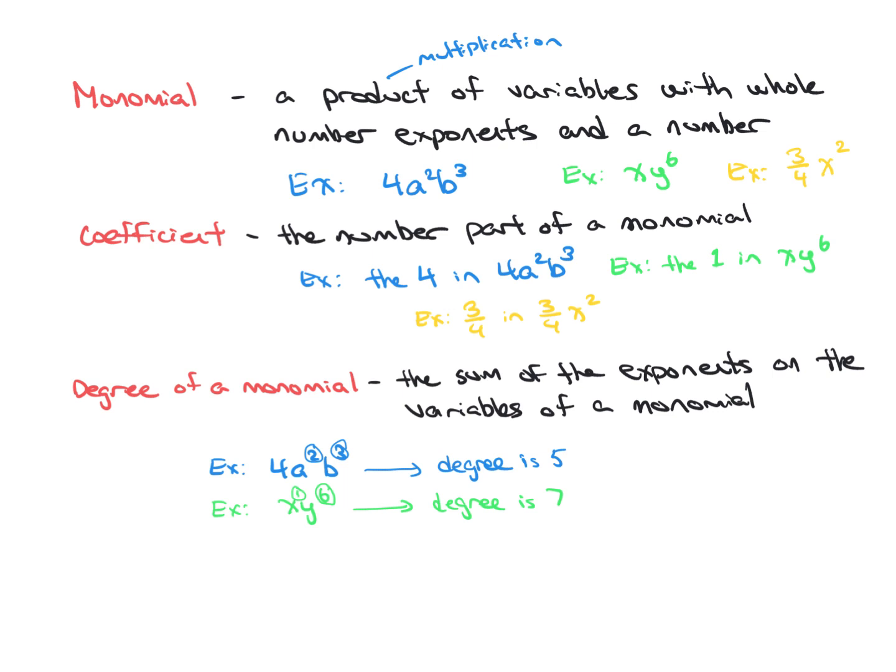And then the yellow one, 3/4 x squared. Now this one has only one variable, so it's simpler. The degree is simply 2, the exponent on the lone variable. Okay, so that's the term degree of a monomial.